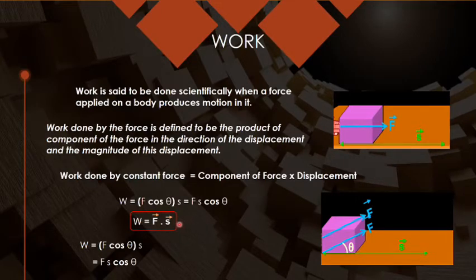The definition of this you should know. Here we always have to take the component of force in the direction of displacement. By definition, you will not take the component of displacement in the direction of force. That will not be correct here. This definition is to be noted very carefully: we take the component of force in the direction of displacement, and then multiply it with the displacement.